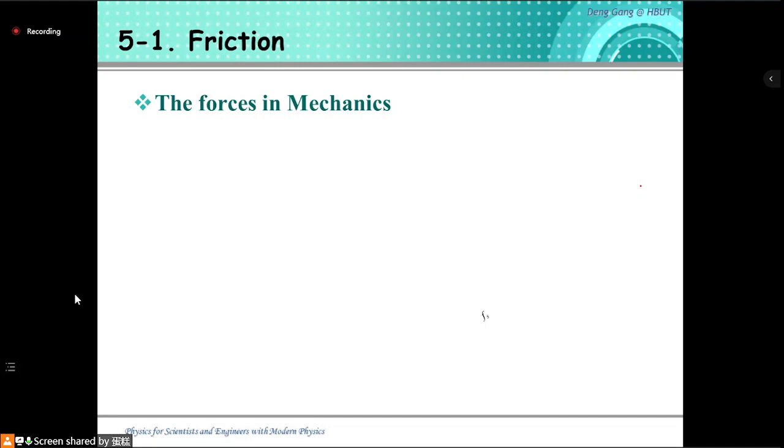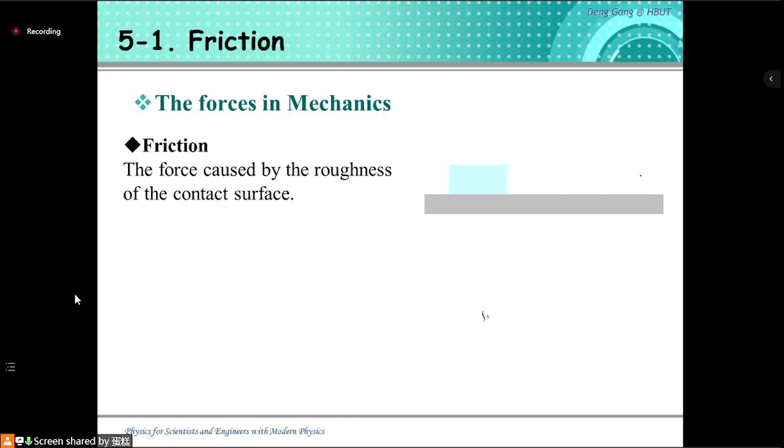So as we mentioned, there's also another force which is called friction. Friction is everywhere. So friction is the force caused by the roughness of the contact surface.